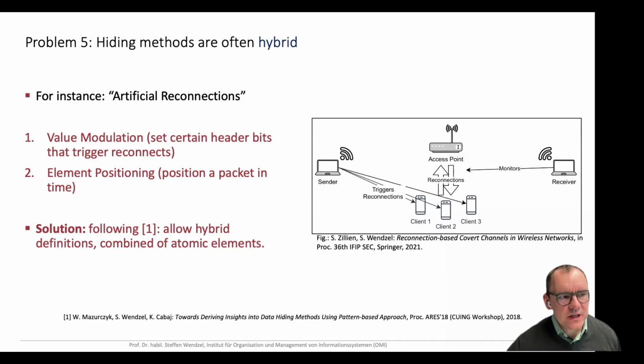So what happens here? The sender, in order to transfer the message, needs to modulate some value, so some bits in network packet headers that cause a retransmission, but it must also act in a timely fashion because it matters which client is disconnected first and next and so on. So the sequence matters. So it's also an element positioning idea.